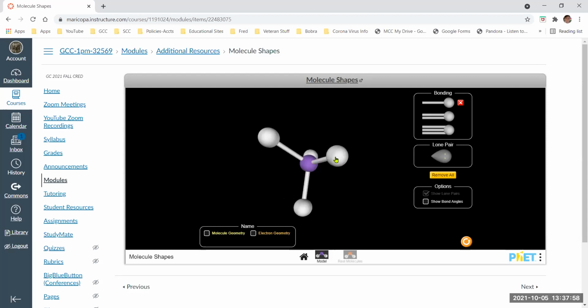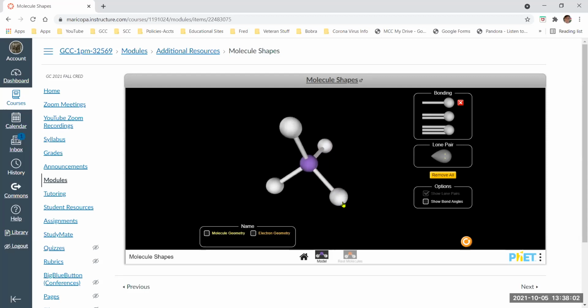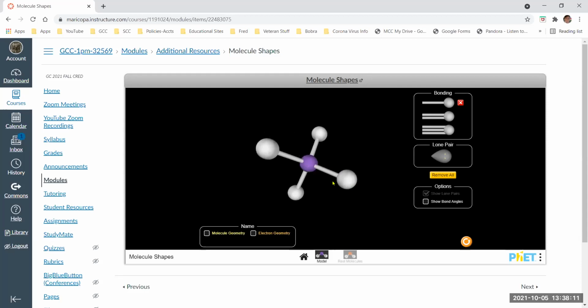Notice how wobbly they are, because that demonstrates how the electrons repel each other at each bond. You end up with that tetrahedral shape because the electrons on each bond are repelling each other.